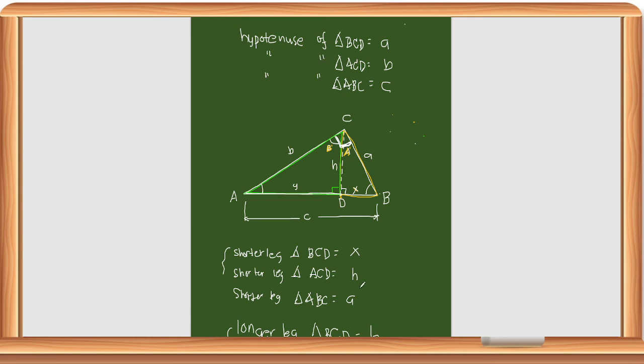This time ng triangle ABC and the smallest triangle. Okay? So let's try to get the ratio, dapat parehas din sila, no? Yung ratio ng shorter leg to the hypotenuse. Okay, shorter leg. Ratio naman ng shorter leg over the hypotenuse.